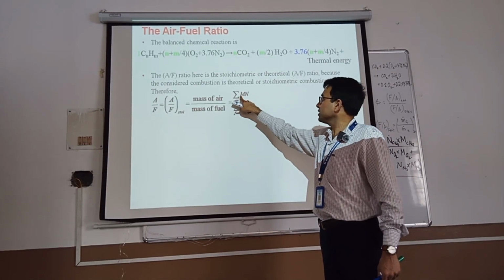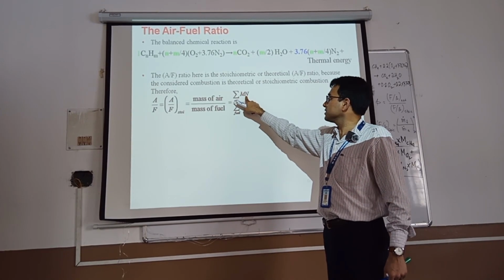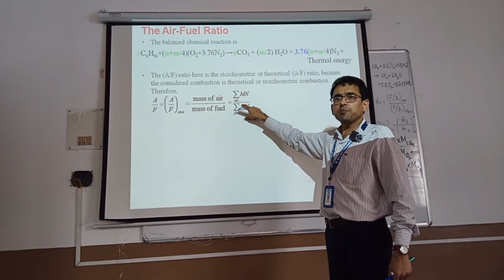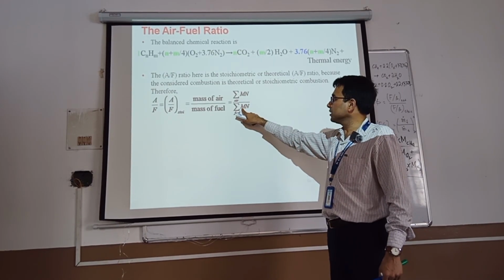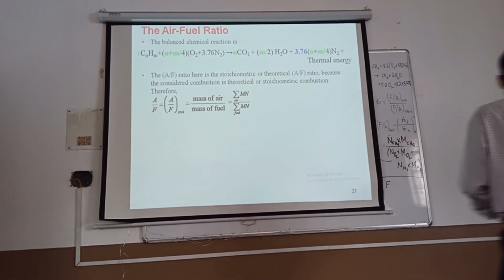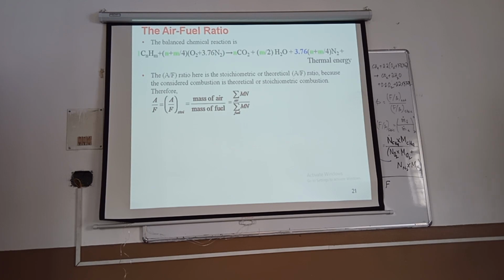So what is M? Molecular mass. What is N? Number of moles. Here is also fuel. So if you have many fuels, right? So I have written the general one with M and N, right? Is it clear? So mass is in terms of molecular mass multiplied by number of moles.